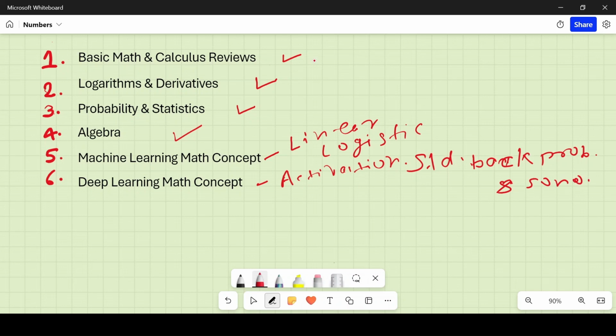Well, in this video, we are going to start with the first topic, that would be basic maths. And under this basic math, we are going to see number theory. Okay, so let's deep dive into number theory.